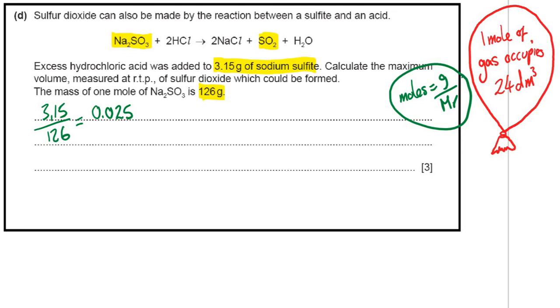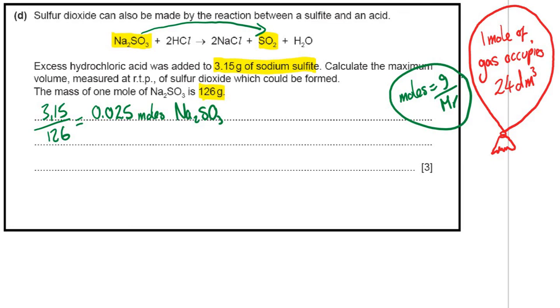Now, the stretch and challenge part of it is to work out how many moles of sulfur dioxide. So this is moles of the sodium sulfite. 1 mole of sodium sulfite makes 1 mole of sulfur dioxide.